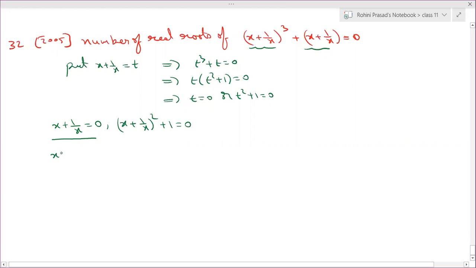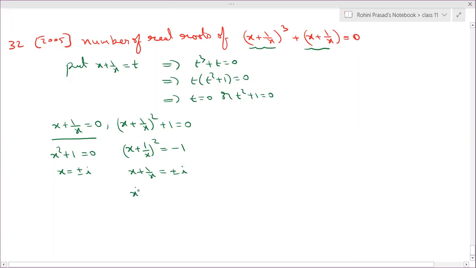If you get x square plus 1 equal to 0, x equal to plus minus i will satisfy this. But real roots are not there. And coming to this, x plus 1 by x, the whole square equal to minus 1. So basically x plus 1 by x equal to plus minus, what is that square root, plus minus i.